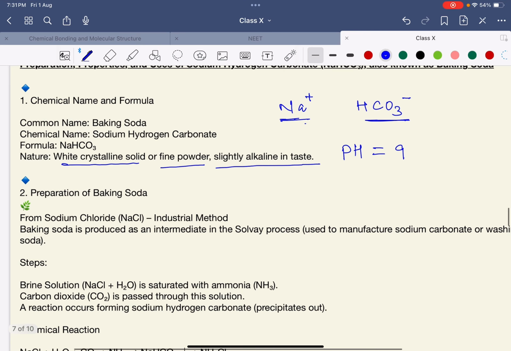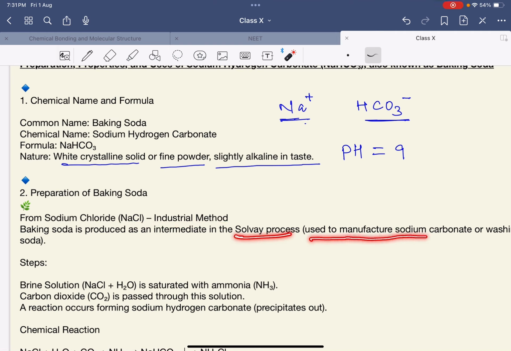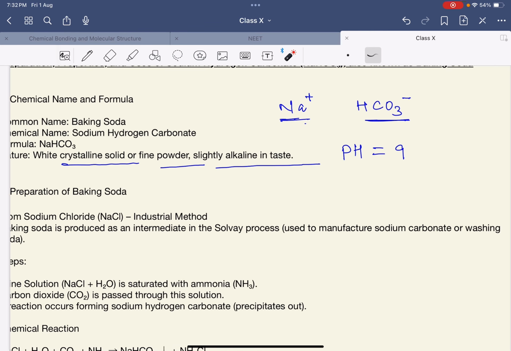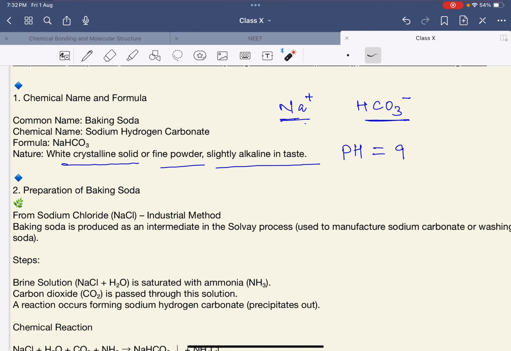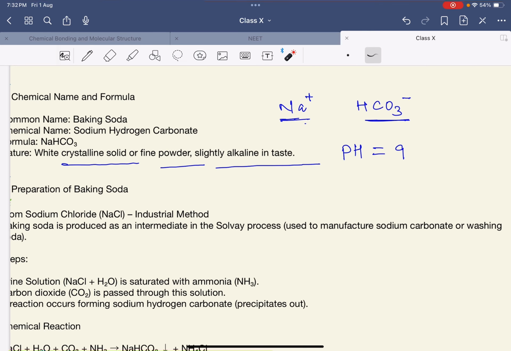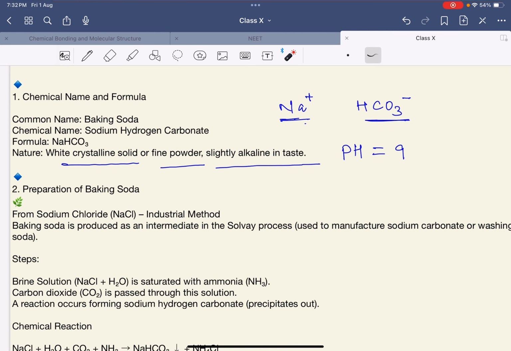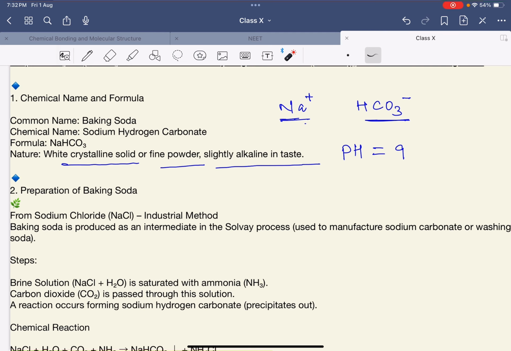Then preparation, how to prepare baking soda. This is very important. From sodium chloride, the industrial method is the Solvay process, used to manufacture sodium carbonate or washing soda. What is the formula of baking soda?